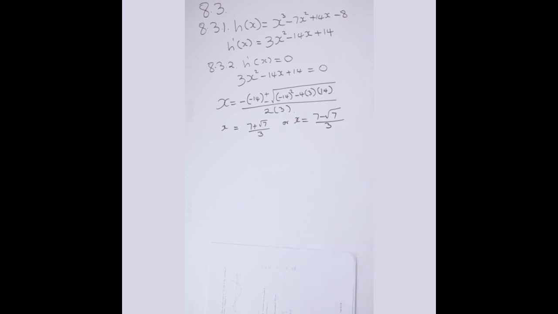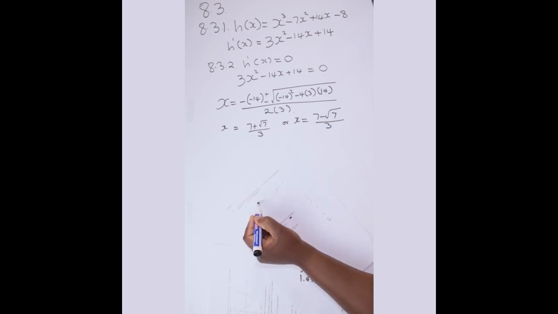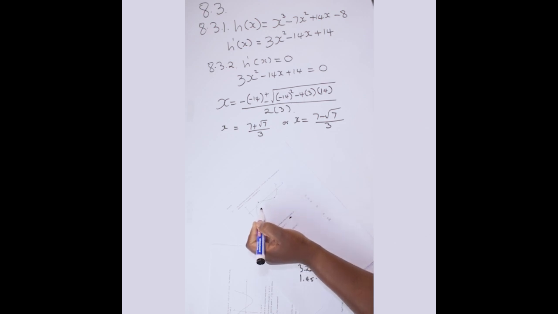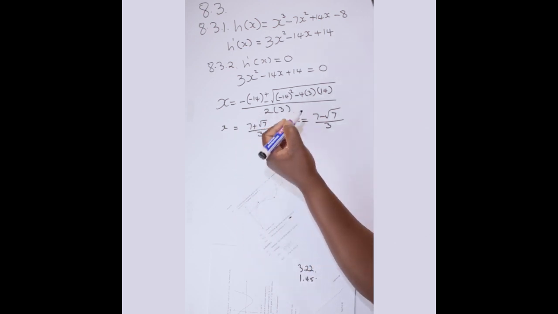Now, remember the question wanted you to find the x coordinate at your turning point at B. This is where B is. B is the smallest number, and the other turning point is between B and C, which is this one. So to get this one, you must figure out which one is smaller between the 7 plus and the 7 minus.